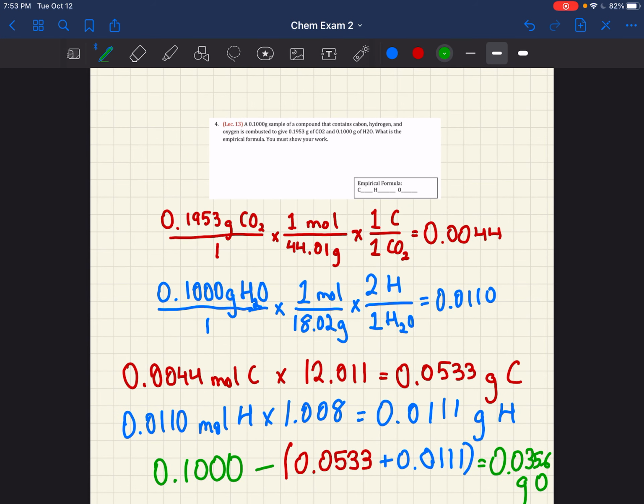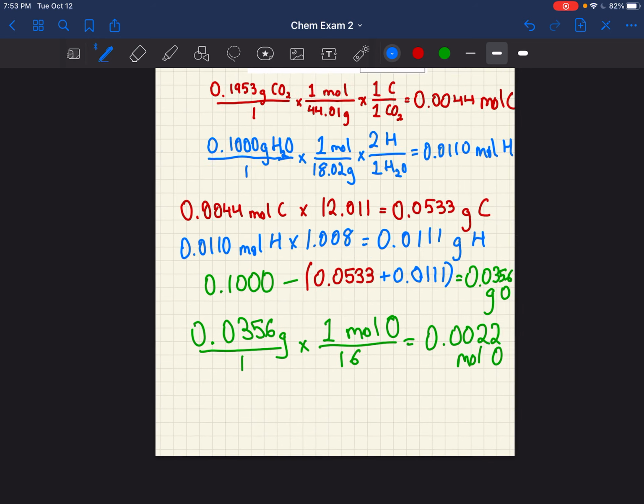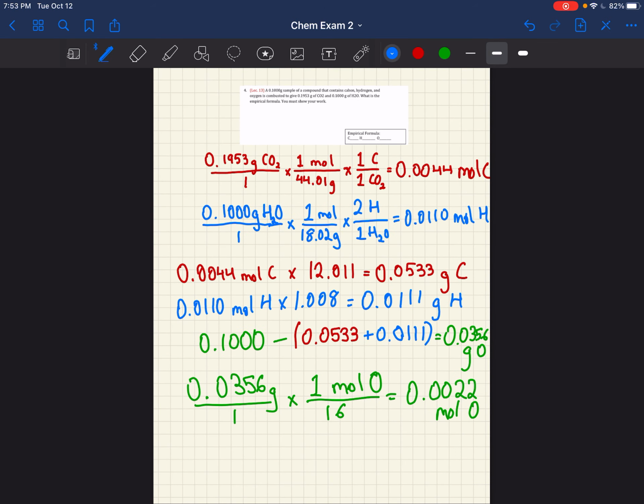So now we found the moles of O. We have the moles of C, and we have the moles of H. What are we going to do now? Here's that thing that we did with hydrocarbon analysis. You're going to take 0.0044, 0.0110, and 0.0022.